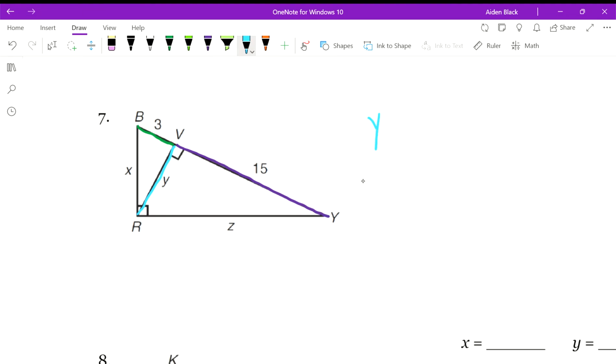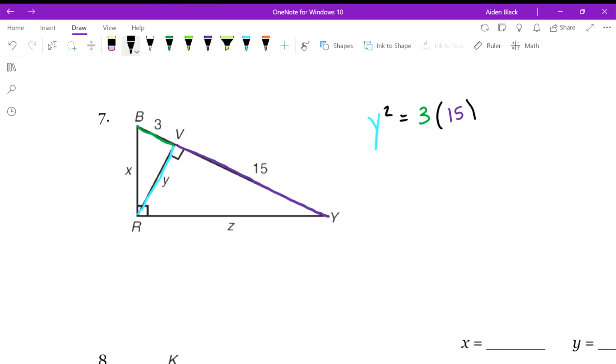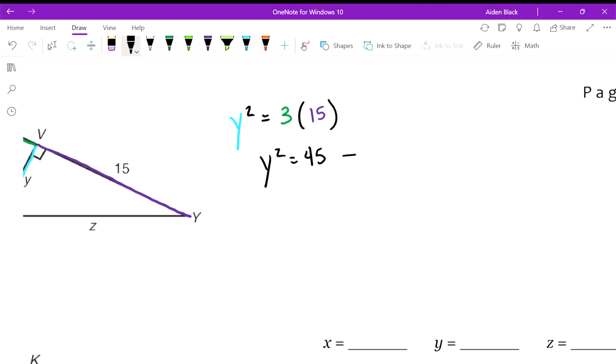The altitude squared is equal to one part of the hypotenuse times the other part of the hypotenuse. So y squared equals, is this 45? So y is equal to the square root of 45. And I'm not even going to reduce that for now.